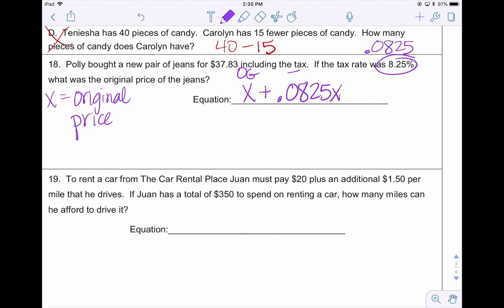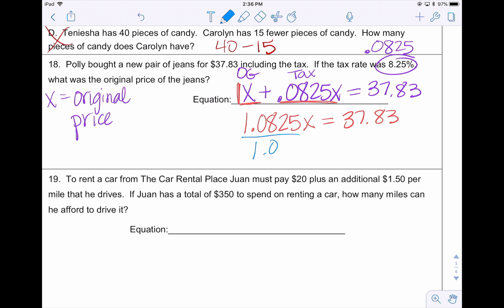So this is your original, and then you add the tax, and that equals your total amount, which in this case is $37.83. So to solve, I'm going to combine my like terms. This is an invisible 1, so we really have 1.0825x equals $37.83.